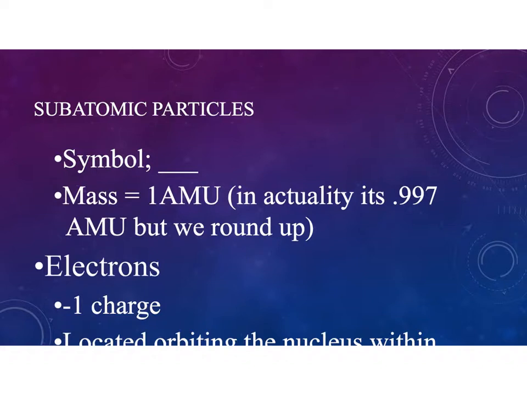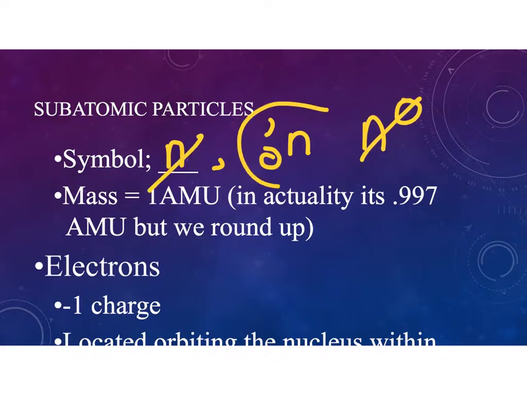So next is neutrons, and those are also located within the nucleus. They have a 0 charge, which is neutral, and their symbol is either N, 1 0 N, or N 0. We rarely use this, and we rarely use this. This is what you'll see most often.